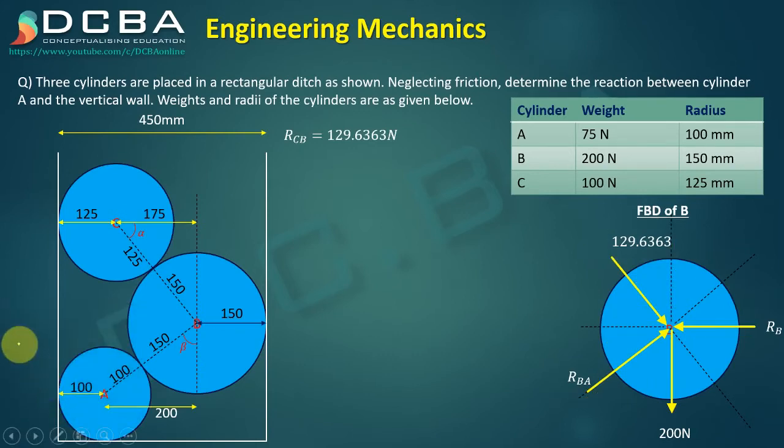But actually, do we need all the angles? The thing is that we are not going to apply Lami's theorem to this, because we have four concurrent forces, and Lami's theorem can only be applied to 3 concurrent forces. So here we cannot apply Lami's theorem, and since we are not applying it, it's not required to find all the angles. So we know this beta and we know alpha. That is the only thing which is required.